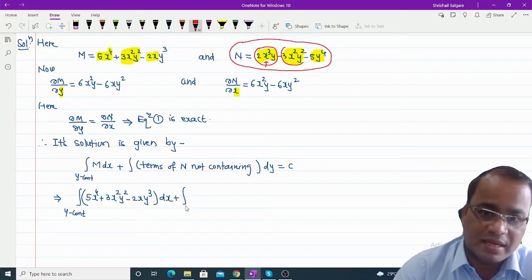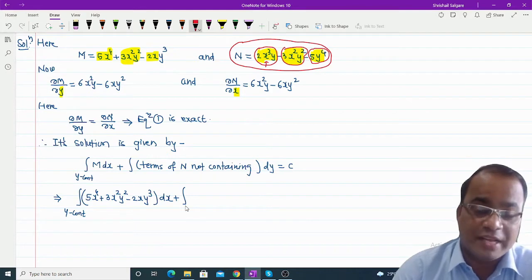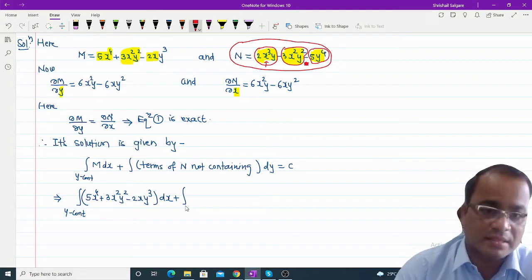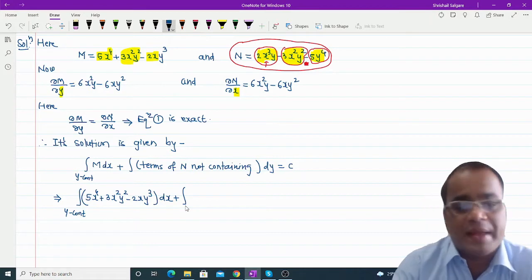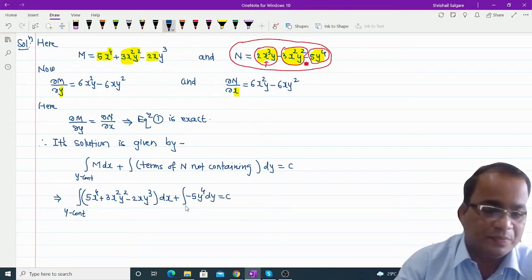Second term, again I will circle it. Is x present in the second term? Yes. Third term, is x present? No. That means you have to take the third term with the proper sign. And what is the sign? Minus. So the term which is independent of x is minus 5y raised to 4 dy, equal to c. Okay. Now term by term we can take the integration.